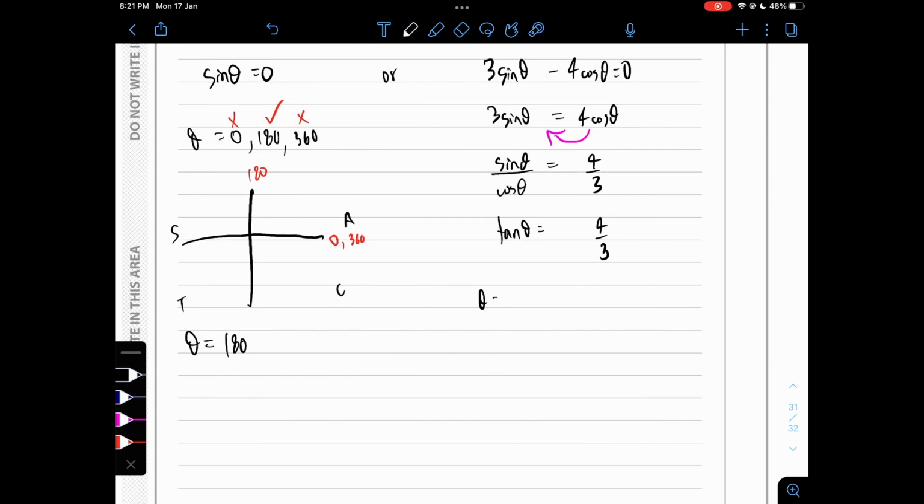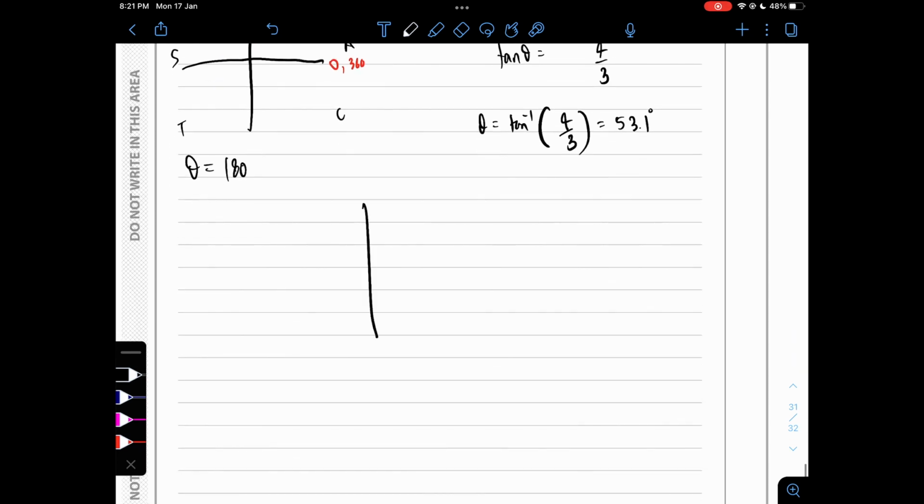Let's go back to our tan. So theta equals tan inverse 4 over 3. So this gives us 53.1 degrees. So let's just draw our CAST diagram. So we have our 53.1 degrees. Over here, we add another 180 degrees, so plus 180 because it's positive.